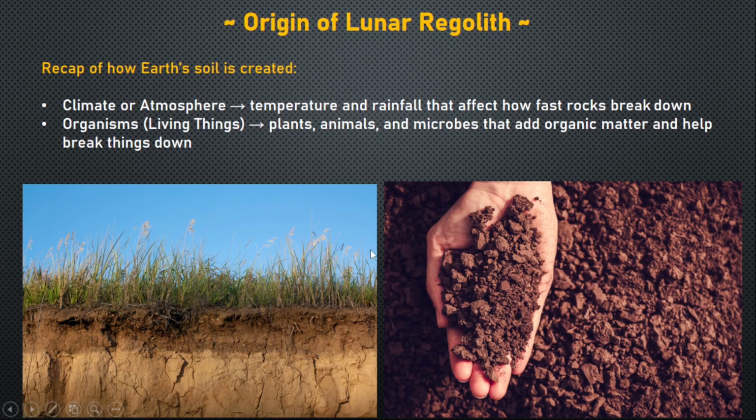So, the origin of the lunar regolith. Let us discuss it. Now, to understand it, let us go back to how Earth soil is created, which we were taught in secondary school or primary school, I don't know. On Earth, soils are created through climatic conditions.